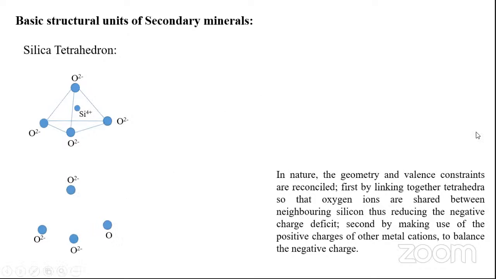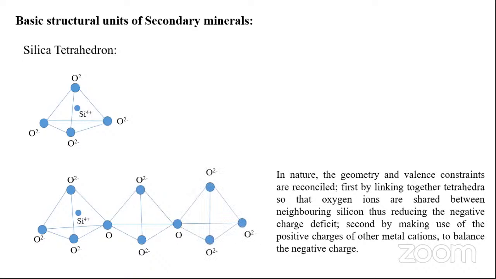Now I am going to show it in my animation. Here is one tetrahedron with silicon, and both structures will share one common oxygen, so naturally the charge is satisfied. Remember, this silica tetrahedral sheet will share oxygens with octahedral sheets. We will discuss that concept in our next slide. This is a very easy structure, and it is a very fundamental structure for the formation of clay minerals.